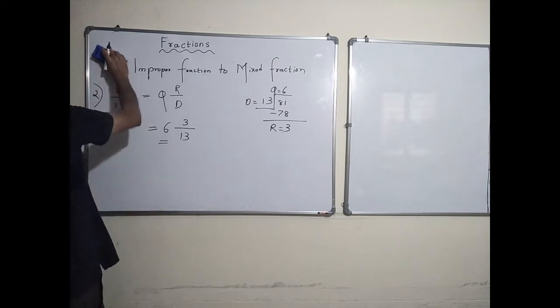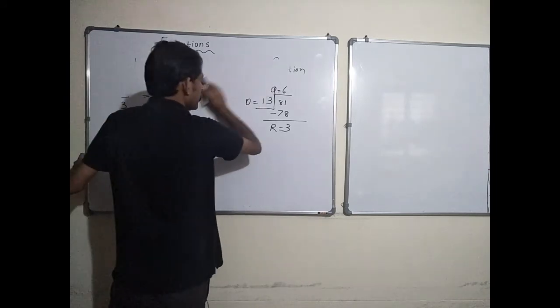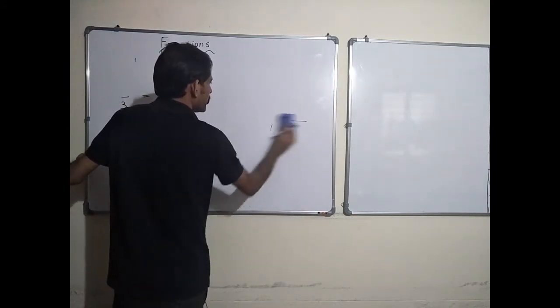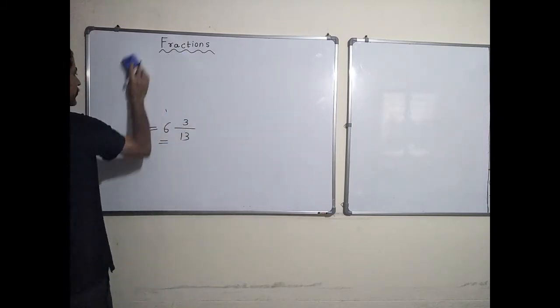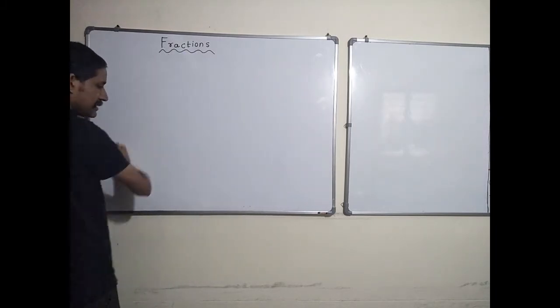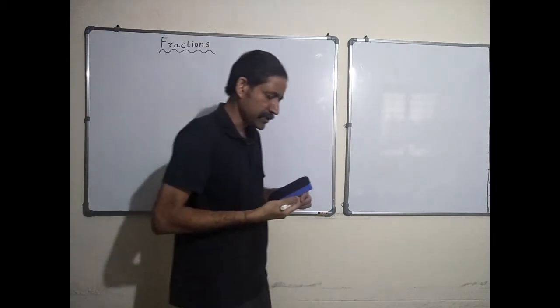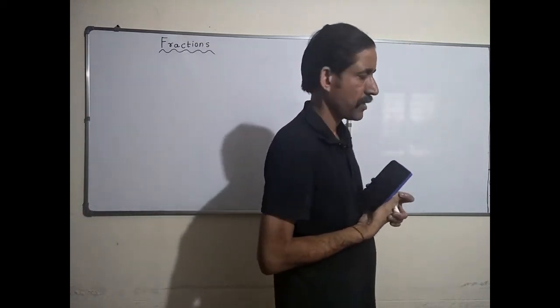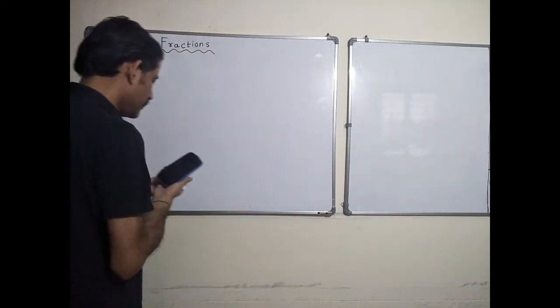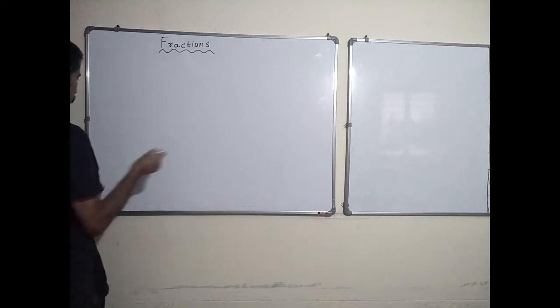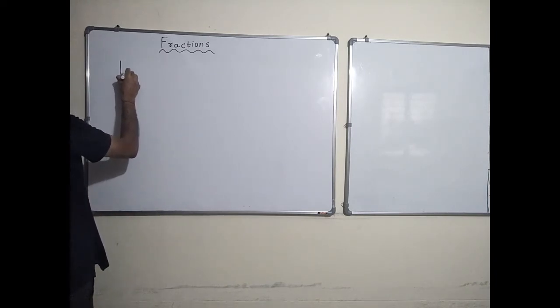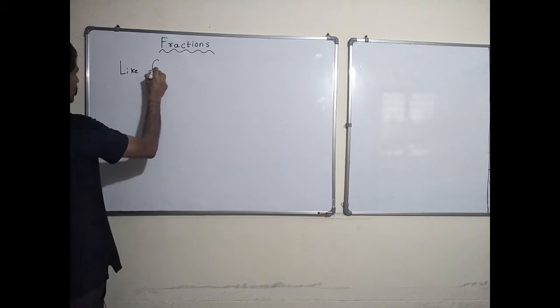Now let's move on. In your textbooks they would have given you a couple of fractions and asked whether they are like fractions or unlike fractions. So that is the next topic of discussion: like fractions.